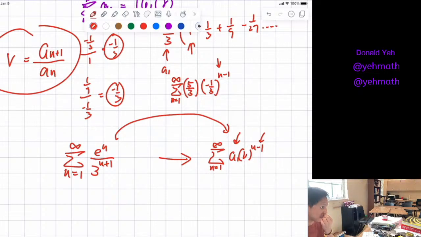It's a lot of exponent rules, so make sure you understand exponent rules. You want r to the n minus 1. I'm going to say that again: r to the n minus 1.